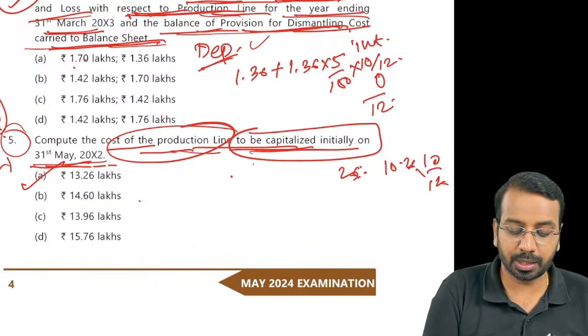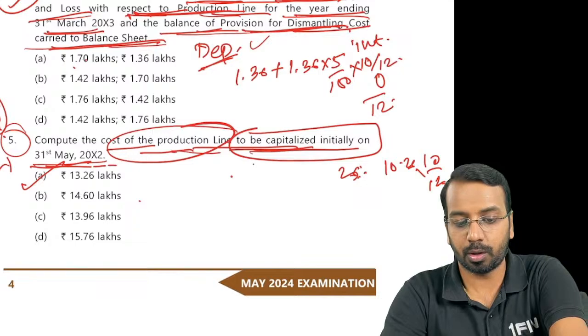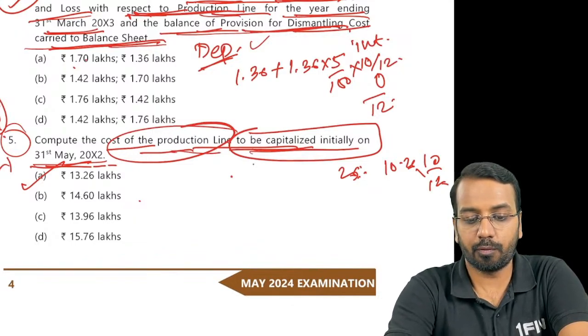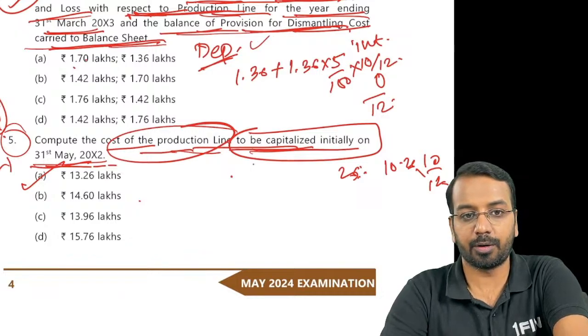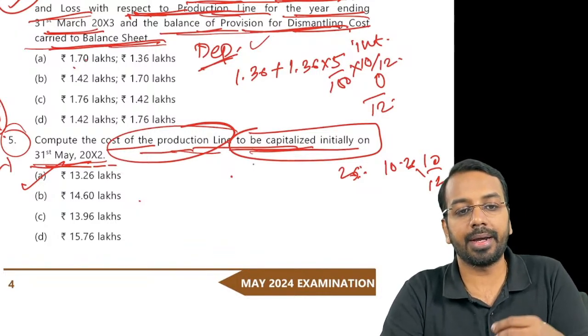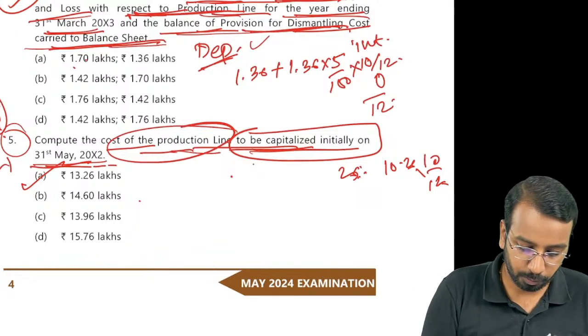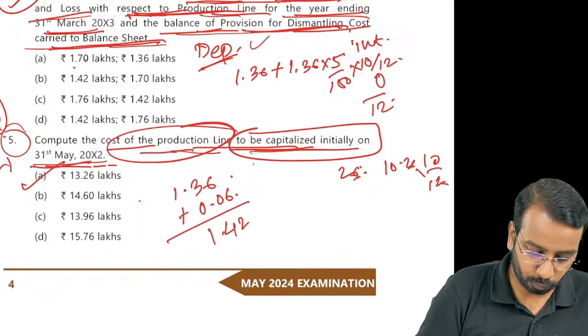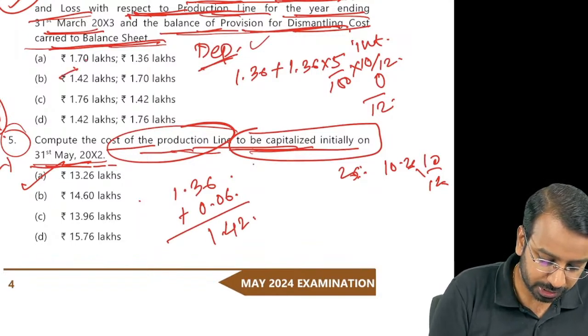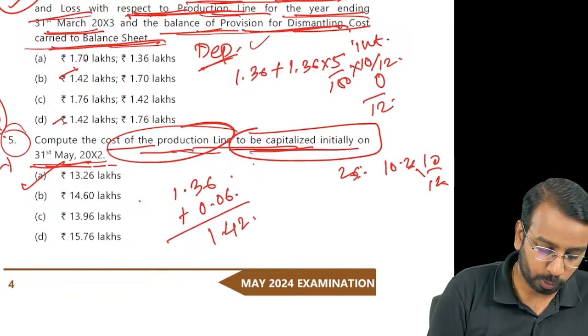Once you do this, if I calculate 1.36 into 5% into 10 divided by 12, it is 0.056. So 1.36 plus 0.056 or 0.06, that is 1.42. So now I can see here, one option is here, one option is here, 1.42, 1.42.